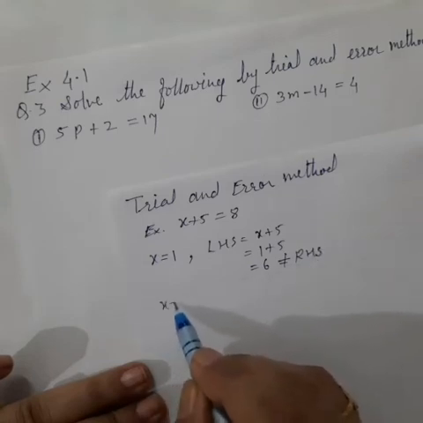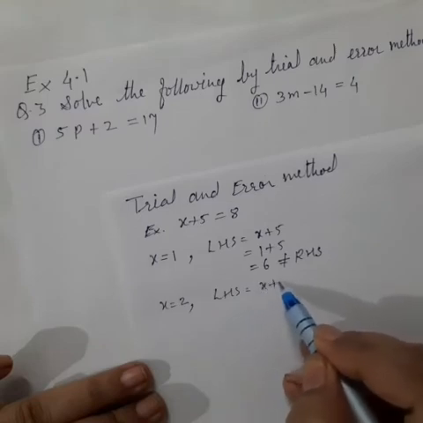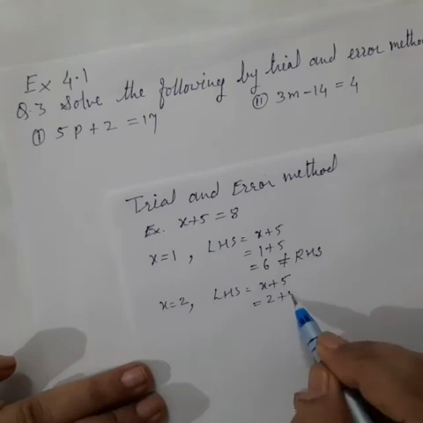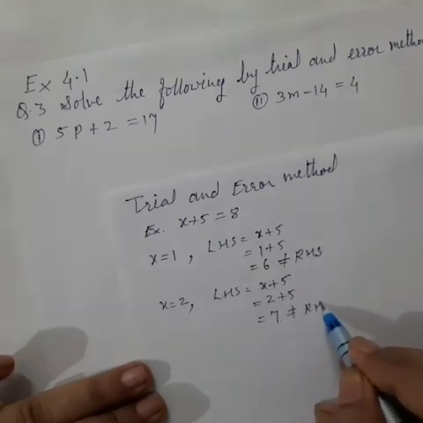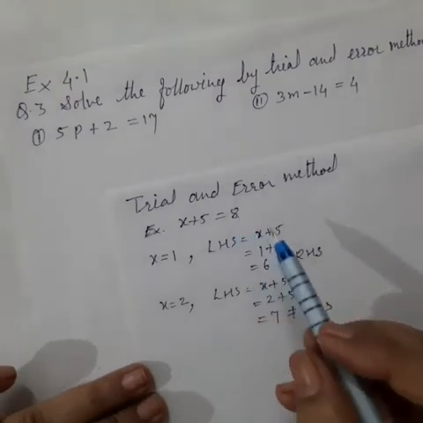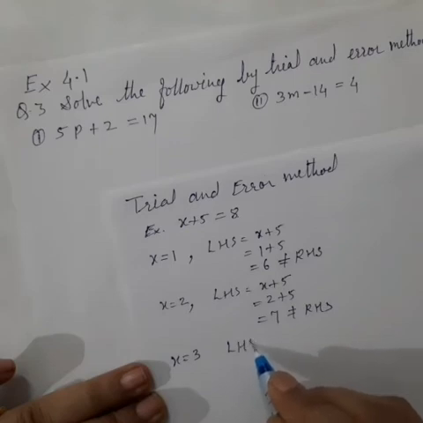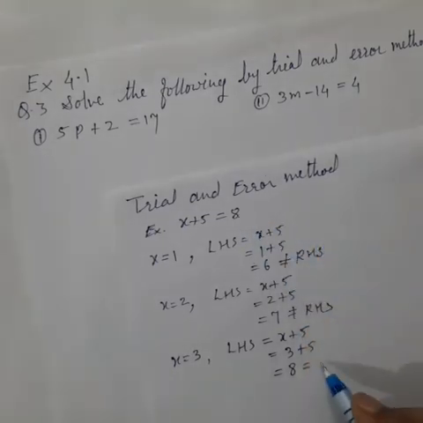So put x equal to 2. Our left hand side is x plus 5. At the place of x put 2. 2 plus 5 we will get 7. But again it is not equal to our right hand side. Our right hand side is 8. Put x equal to 3. Our left hand side is x plus 5. At the place of x put 3. 3 plus 5 is 8, and here we are getting our right hand side 8.